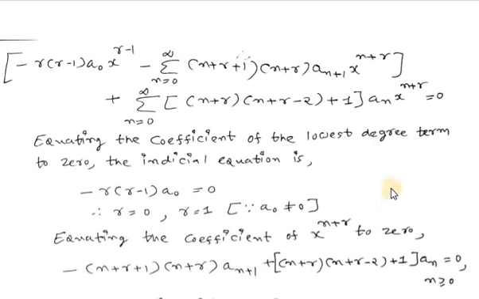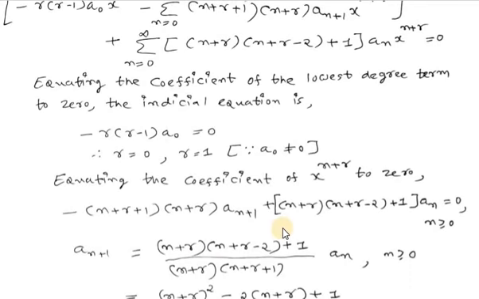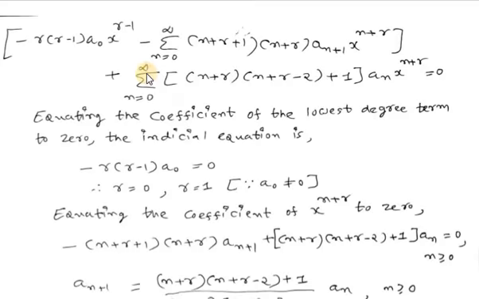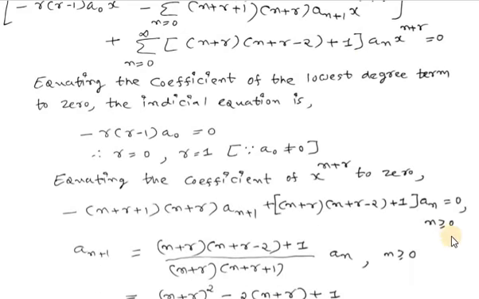Now equating the coefficient of x raised to n plus r to 0, right? So we have to take this term and this term. So writing minus (n+r+1)(n+r) a(n+1), then plus (n+r)(n+r-2)+1 into an, that is equal to 0.